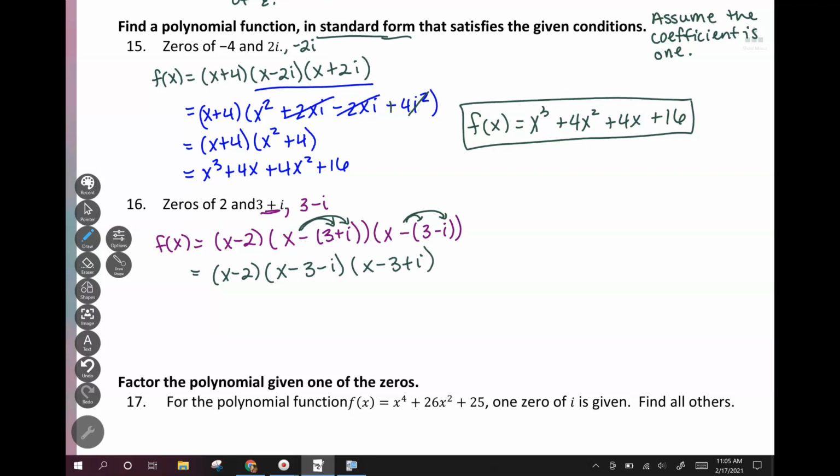All right, now we're ready to FOIL. So remember, start by multiplying those two together, the ones with conjugates. Multiply those together first.